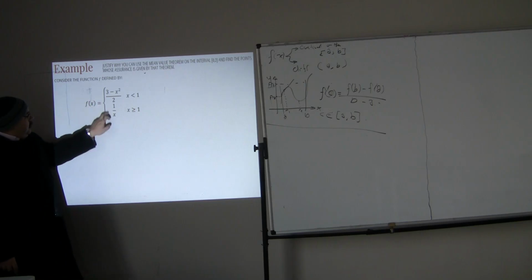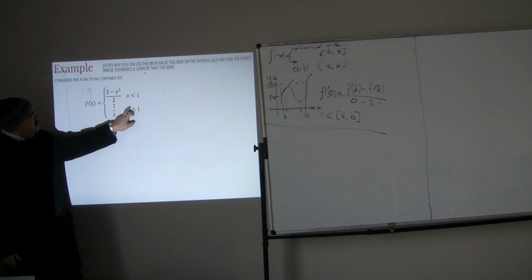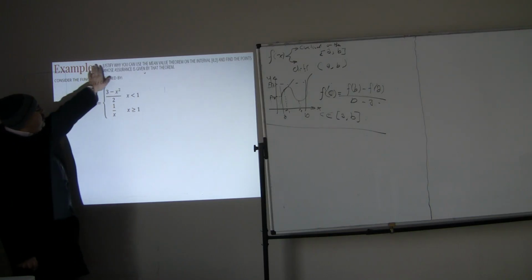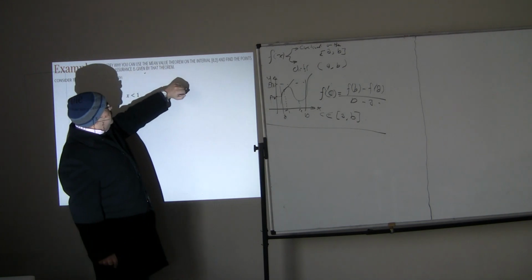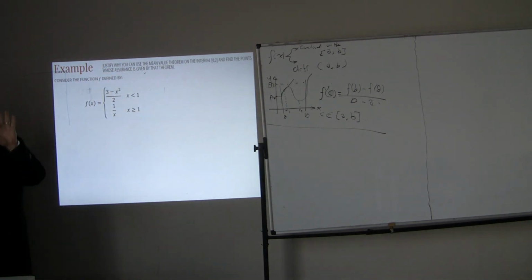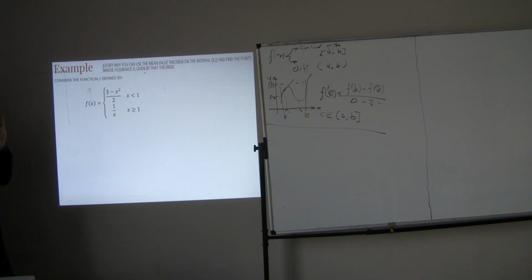Then f of x will equal 1 over x, and it goes for x greater than or equal to 1. We want you to justify the mean value theory on the interval between 0 and 2. So actually 0 and 2 takes the two wings together. Are you with me? Do you understand what I'm saying?